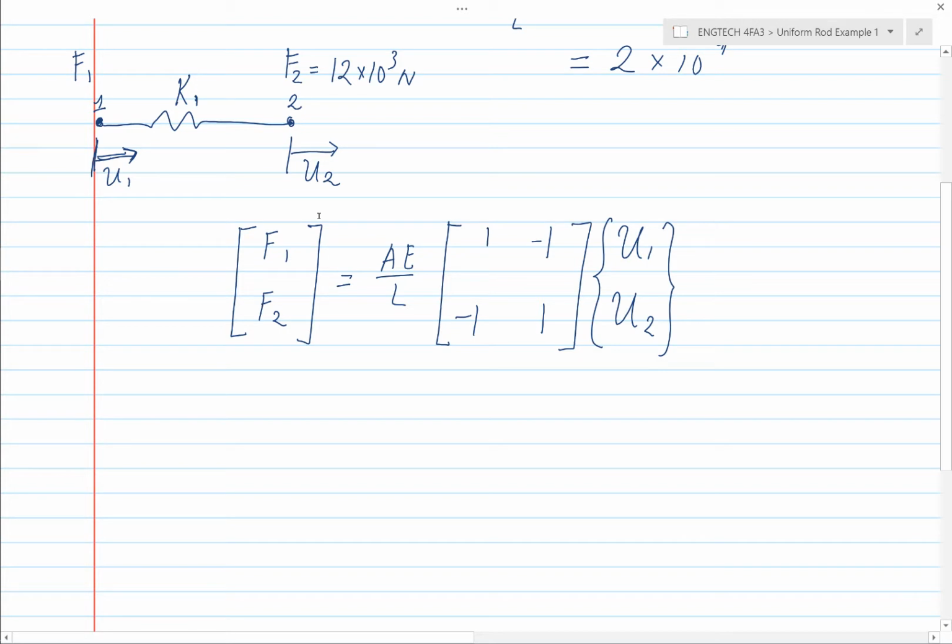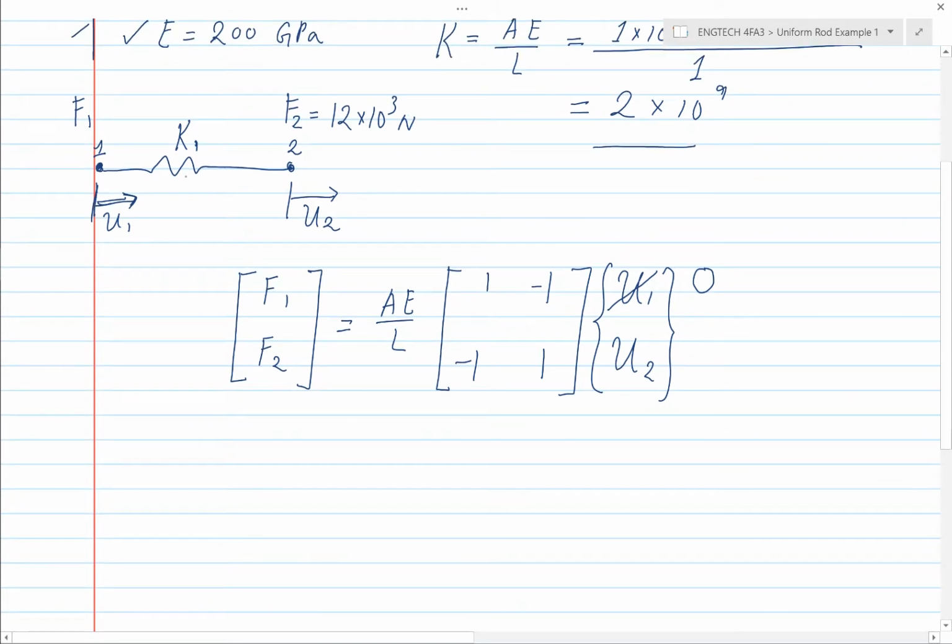Next step, we're going to apply the boundary conditions on it. We know U1 is not moving, so we take that away and call it 0. And we know AE over L, we already calculated that up there: 2 times 10 to the 9. And we know force 2 is 12 times 10 to the 3.